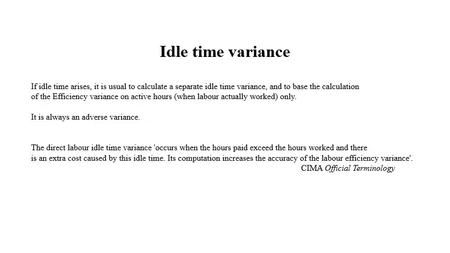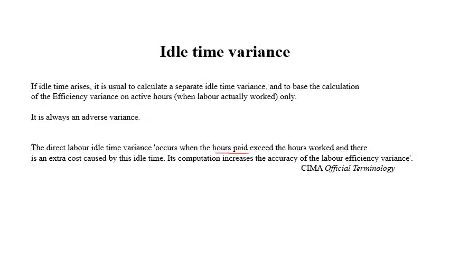So this is always an adverse variance, because in this time period labor did not work, but you had to pay them. According to CIMA official terminology, the direct labor idle time variance occurs when the hours paid exceed the hours worked. What does that mean?